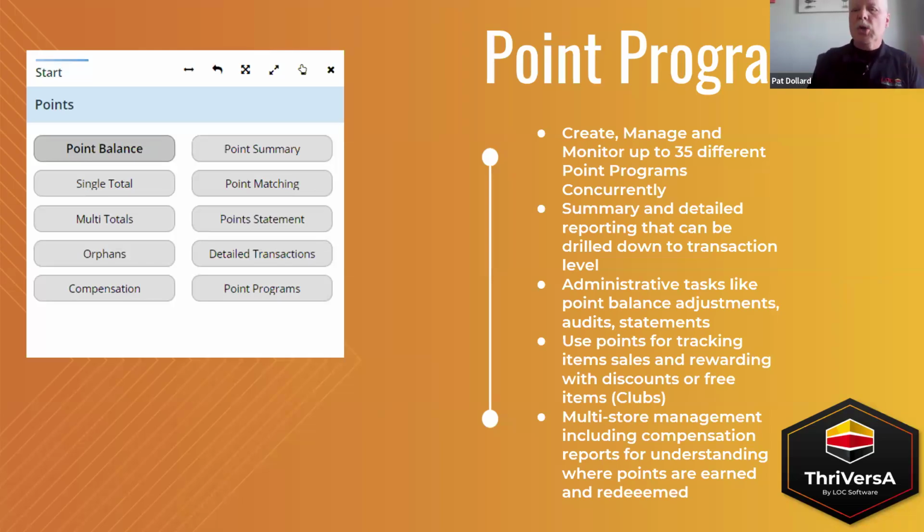And then you can create coupons that say, well, once you've got 100 points, we're going to assign you an offer and we're going to let you use those points to get $5 off. And that's obviously just an example, right? So points can be combined with this. And remember, you've got a bunch of point programs that you can play with. You've got up to 35 point programs in our product in LOC, right?